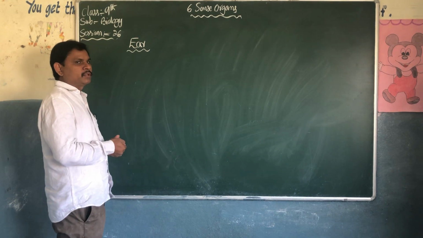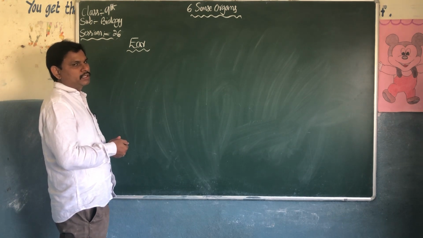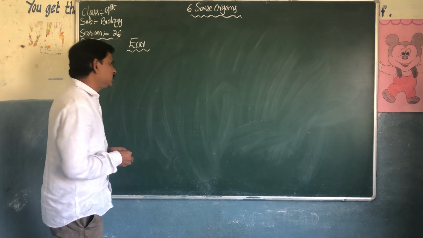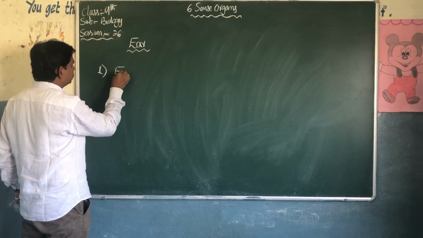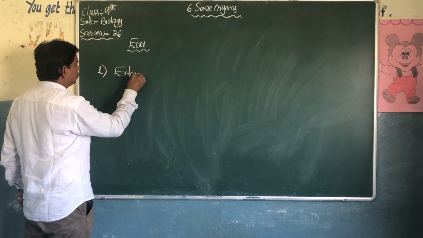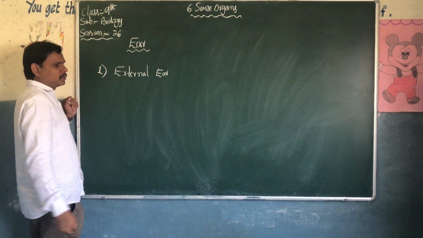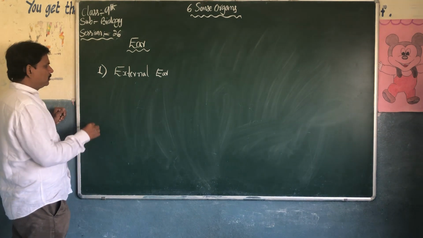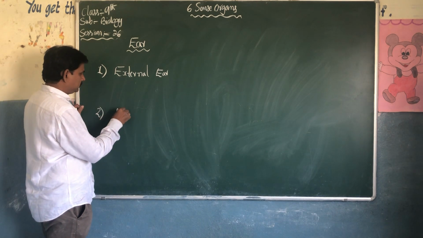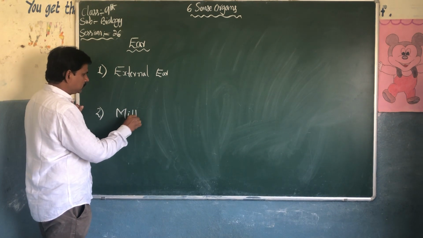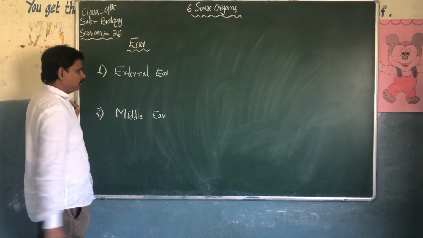This ear we can divide into three parts. One is the external ear. The second one is the middle ear.